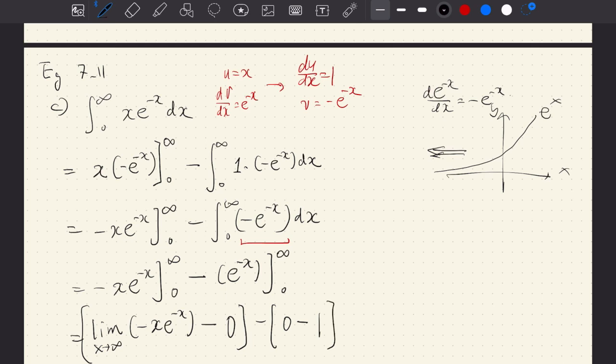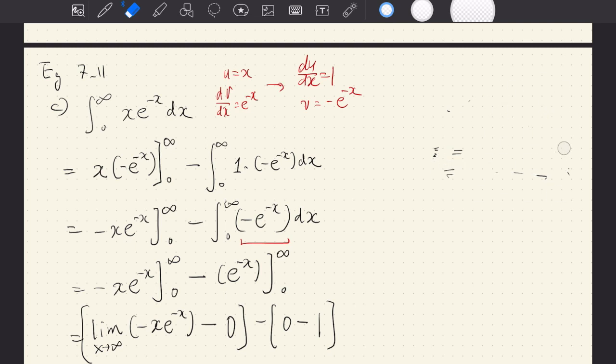Now for the first term, if you remember that we previously talked about limits, you may know that this limit should go to 0. But if you do not remember, you can still evaluate it from scratch. Here you have the limit of negative x times e to the negative x.